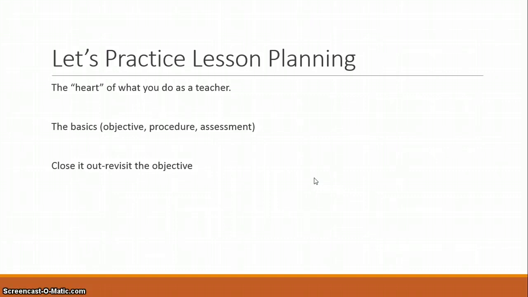So basically, you read the objective. I like to write the objective on the board, go over it first thing, and then go over it at the end, because then you're starting out clear of where you're going, and at the end you can go back and talk about where you've been, and you can do a quick assessment with students, and I'll show you how to do that at the end of our talk today. But that's a quick and easy way to do it.